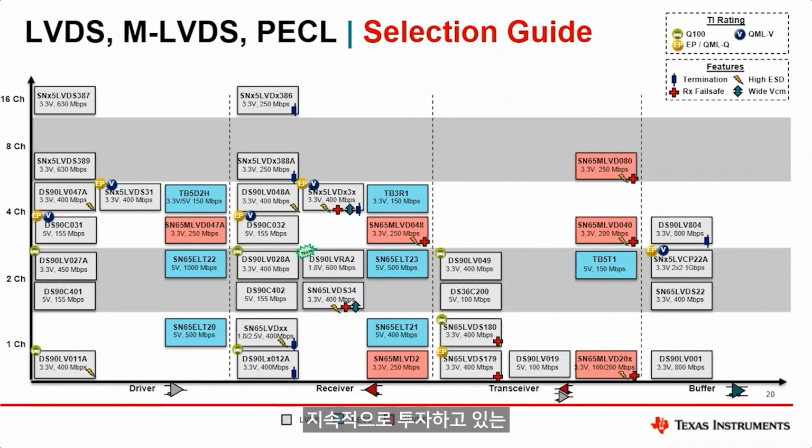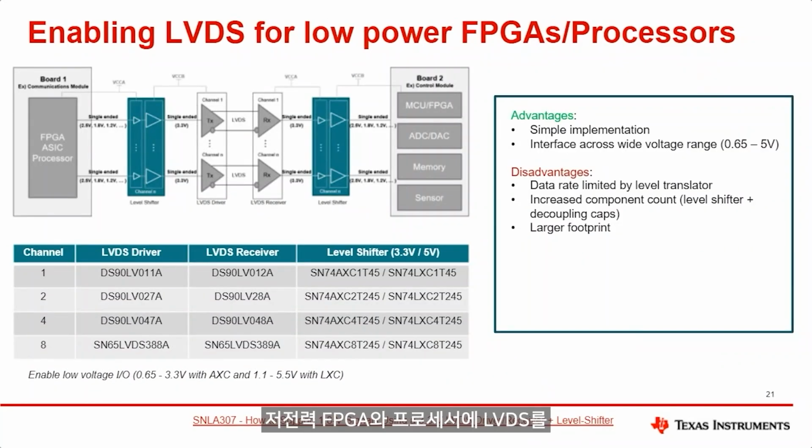we do have a new device that we're continuing to invest in the LVDS portfolio, and we released DS90LVRA2, which is a first to market 1.8 volt LVDS receiver. And that is a common question that we get, is how to enable LVDS for low power FPGAs and processors.